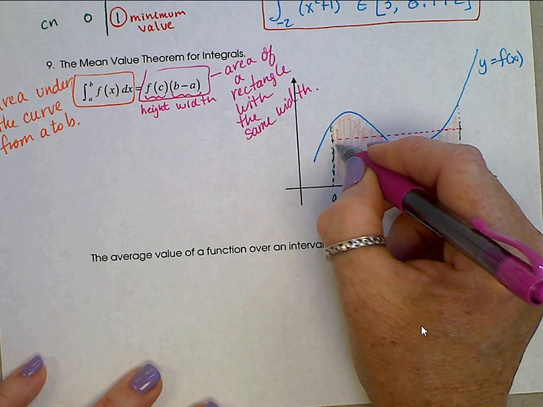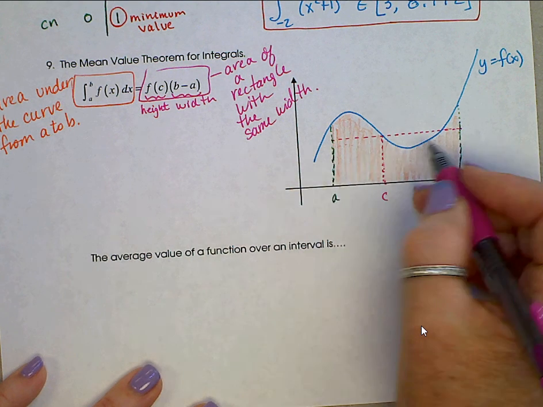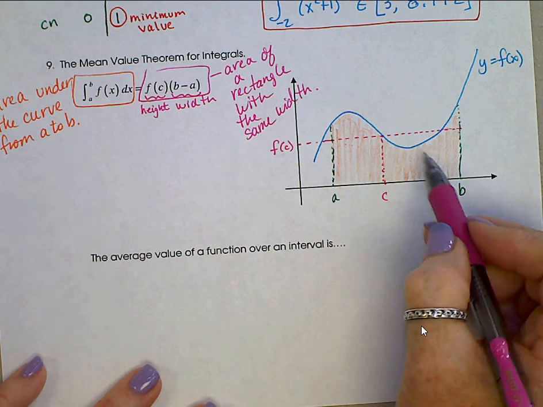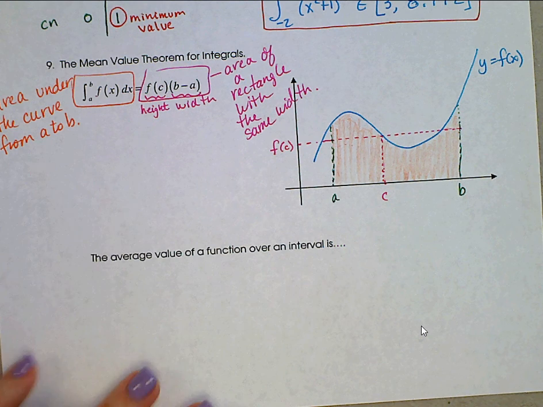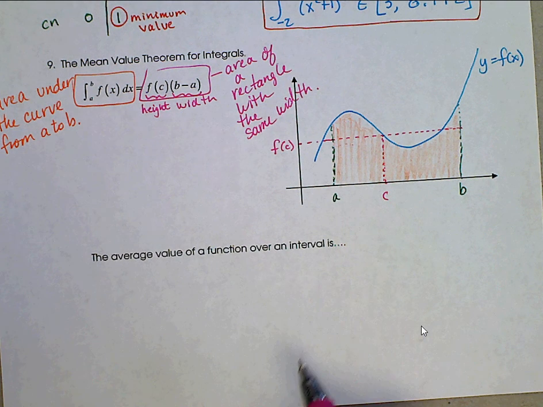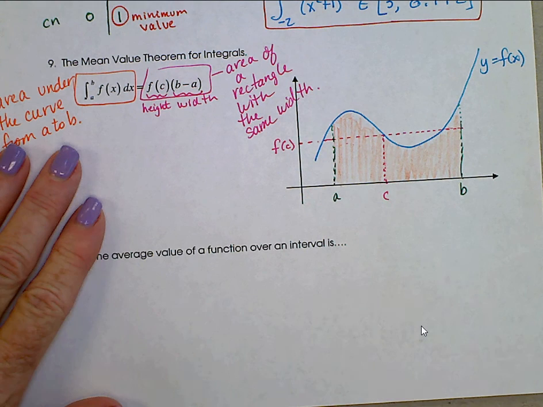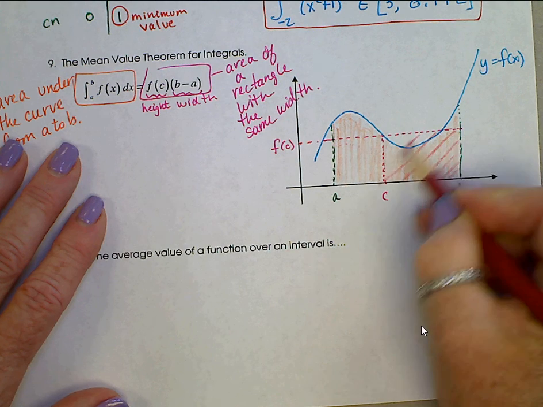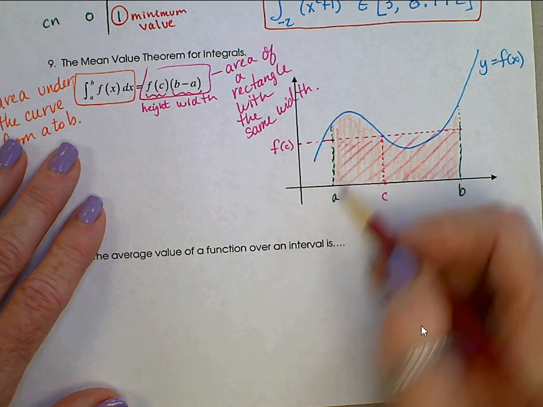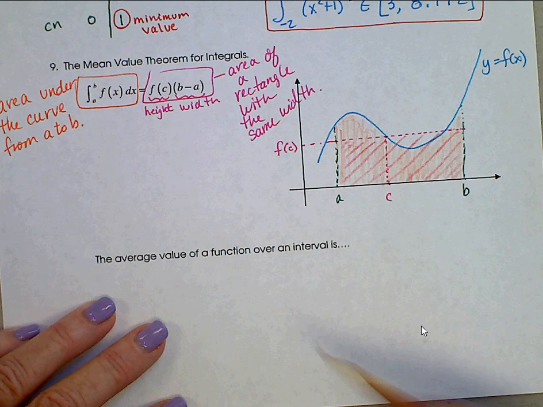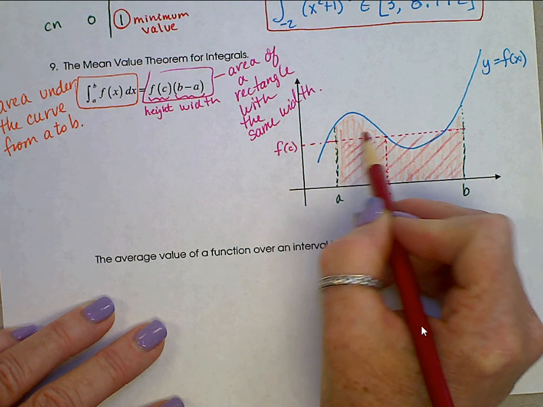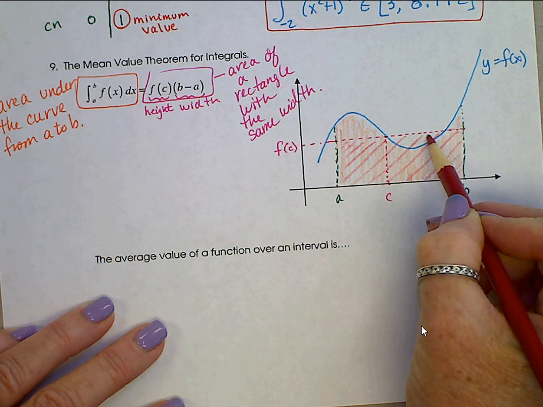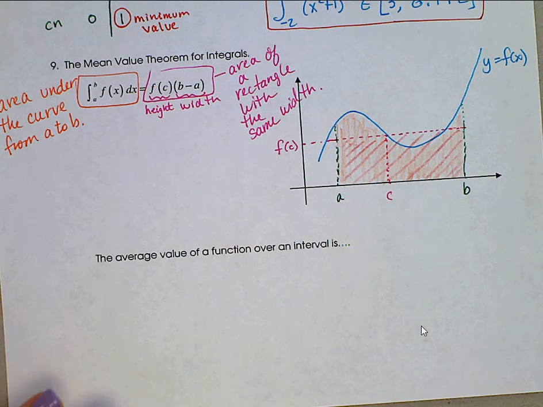So again, it says that the area underneath this rectangle with this height, f of c, has the same area as the area underneath that curve. So it's kind of like this area piece right here would fill in that emptiness down here, and this one also would have to fill that in. I'm off a little bit, but not too bad.